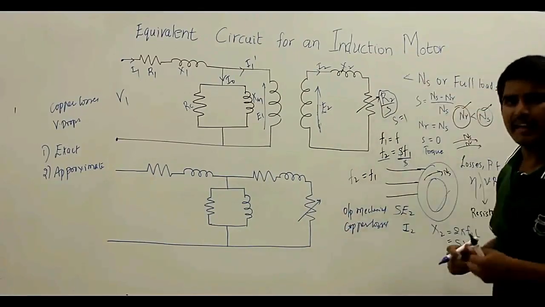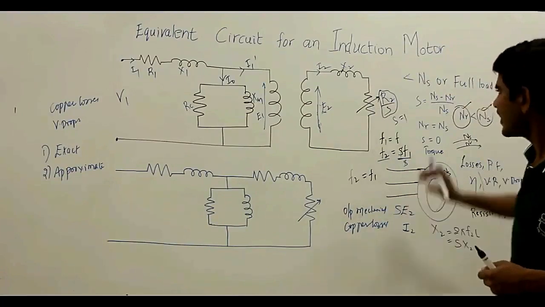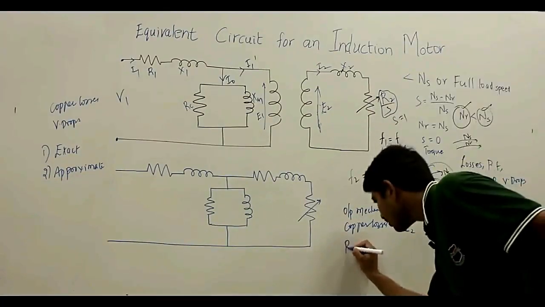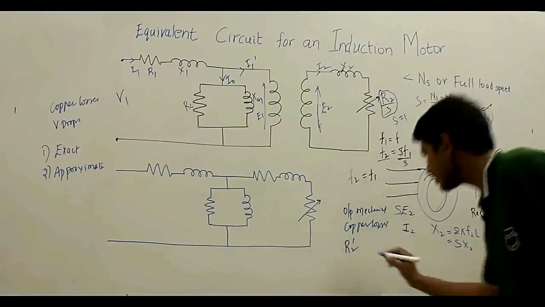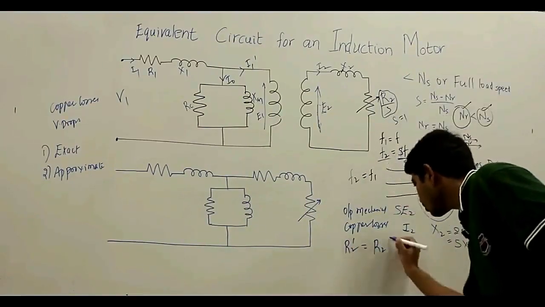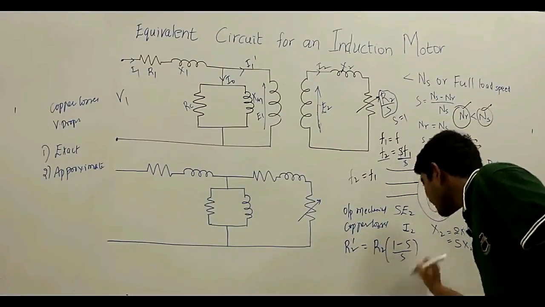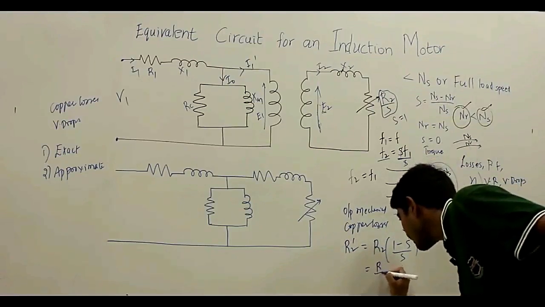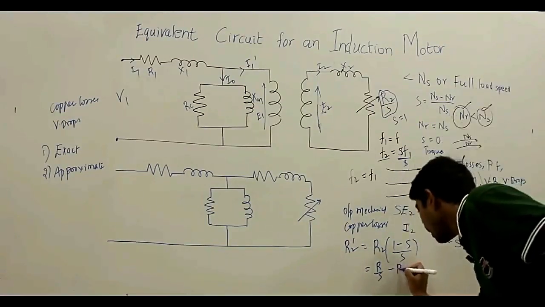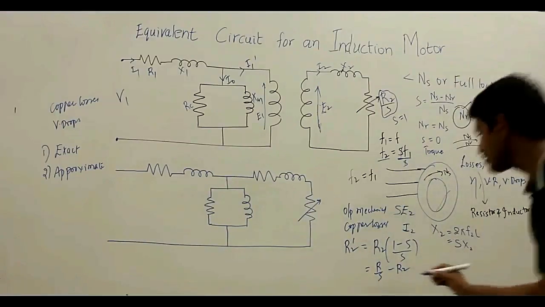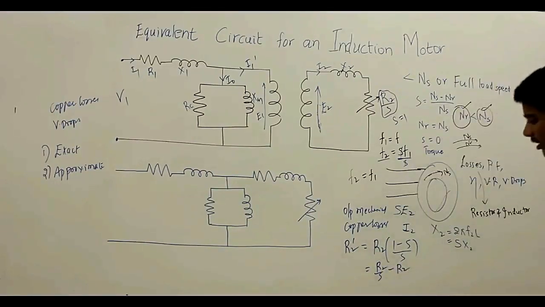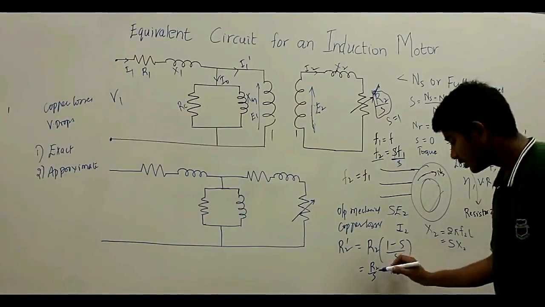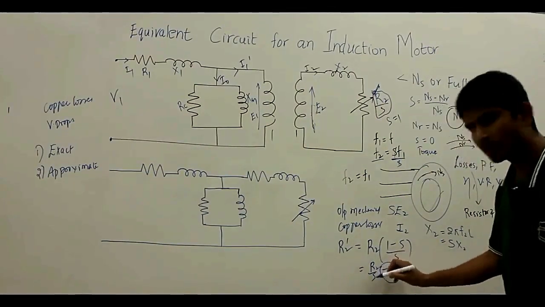Since the load is mechanical in the induction motor, we can replace this resistor R2 upon S, if I say it is R2 dash, by R2 into 1 minus S upon S. So this is simply R2 upon S minus R2. That means we are subtracting R2 from R2 upon S.